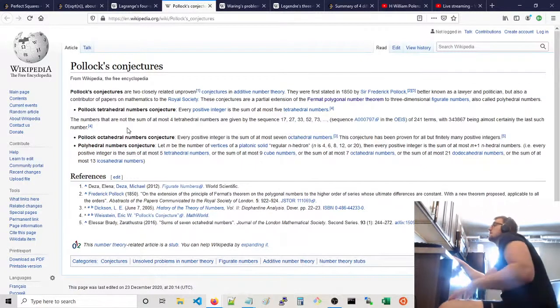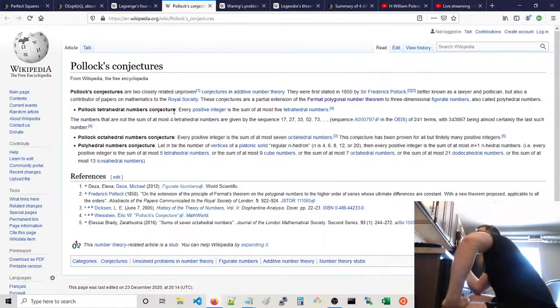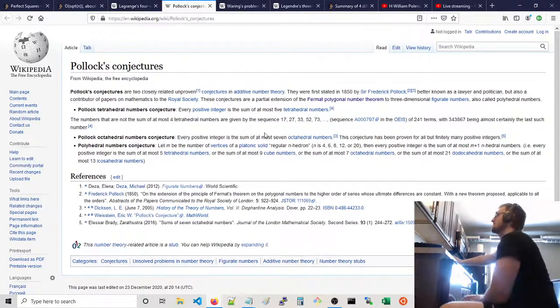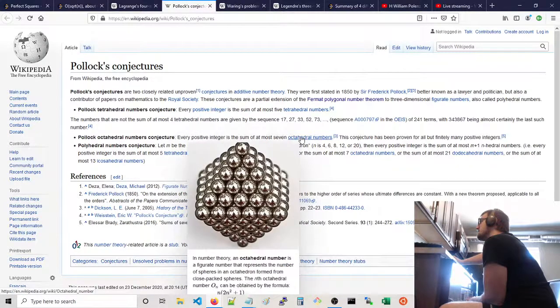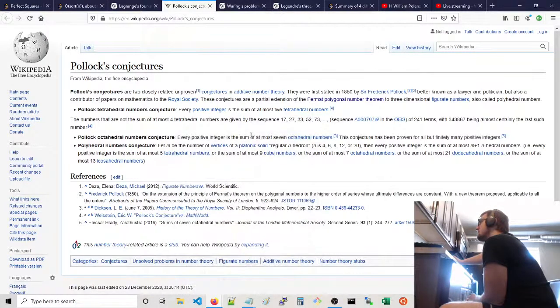Pollock octahedral numbers conjecture: every positive integer is the sum of at most 7 octahedral numbers. Every number is the sum of at most 7 octahedral numbers. The conjecture has been proven for all but finitely many positive integers.